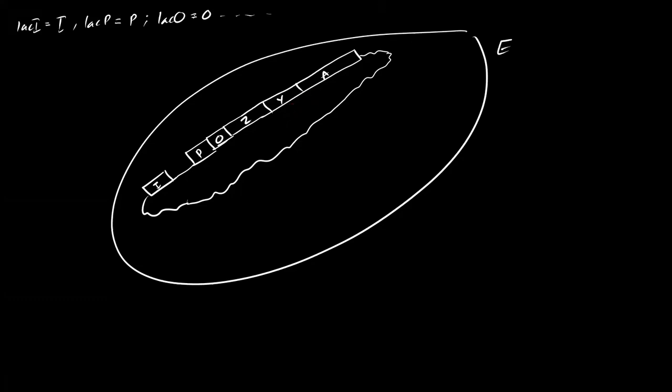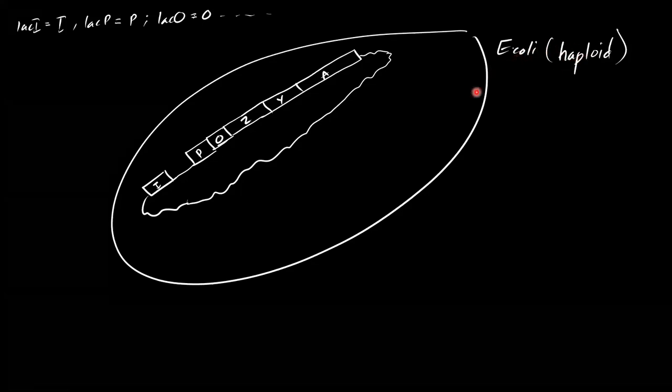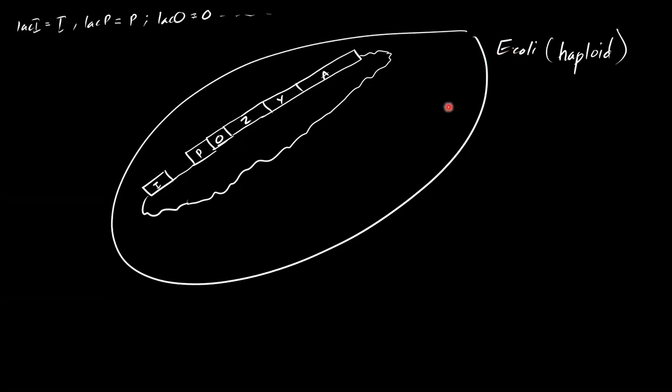Imagine this is an E. coli cell. Now, E. coli cells are considered haploid cells. Do you know what's the meaning of haploid? What does it mean that E. coli is a haploid organism? Anyone?